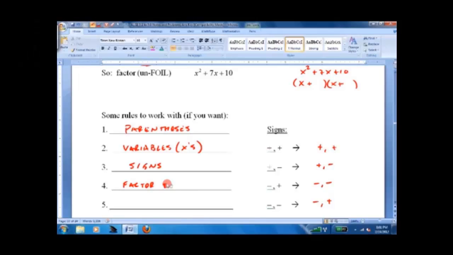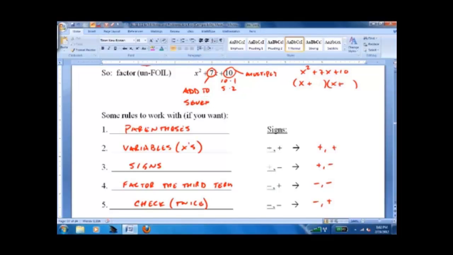Now we factor the third term. And we always write the bigger number first. So this would be 10 times 1 or 5 times 2. That's it. And then we check which numbers multiply to 10 and add to 7.